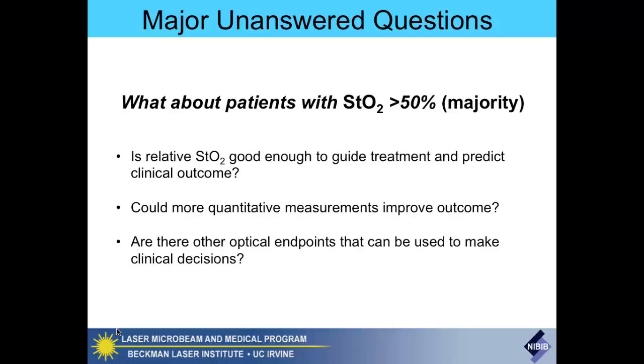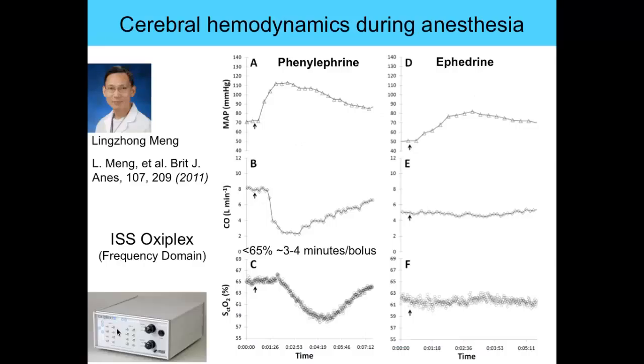So what we believe is that more quantitative measurements could be used here and improve outcome. And there may be other optical endpoints. So we've got all that spectral content. There may be endpoints that could be just as powerful or even more powerful. Maybe we could use these endpoints dynamically during surgery, and we could use that to make clinical decisions.